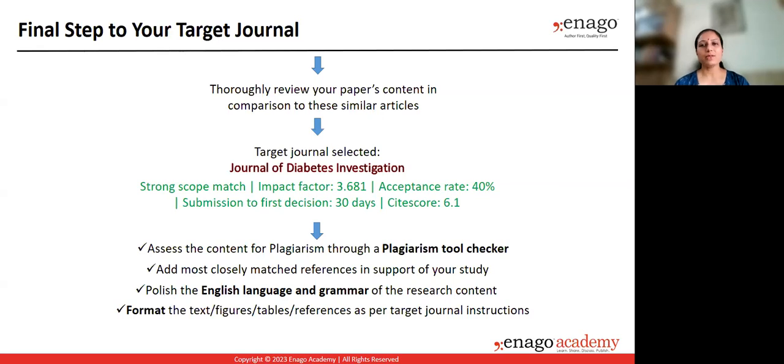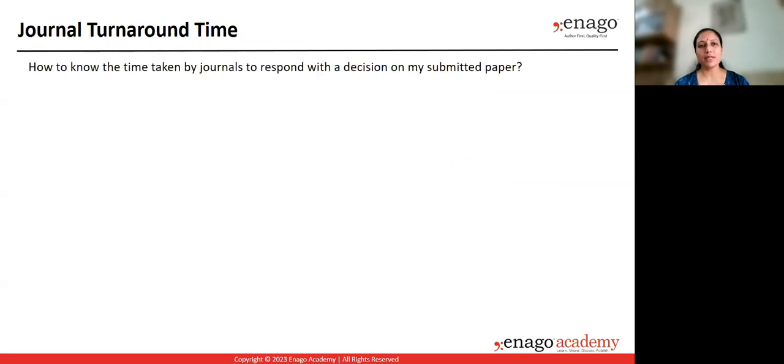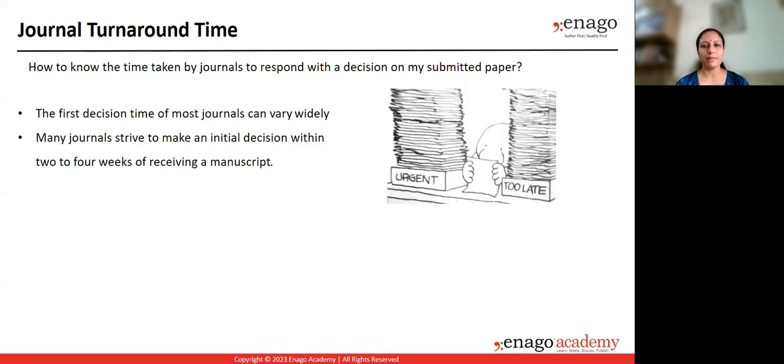Exactly, Gayatri. So that's an evident question that researchers have in mind at this stage. So let us proceed to the next slide where we see the journal turnaround time and how we can possibly gauge or identify such information. As we know, the first decision time of most journals can vary widely, and many journals attempt to make an initial decision within 2 to 4 weeks of receipt of the manuscript.